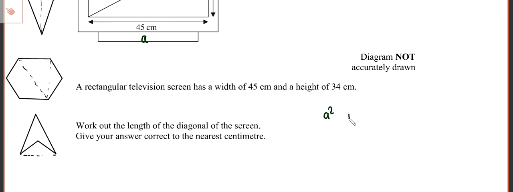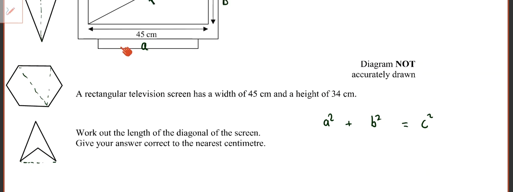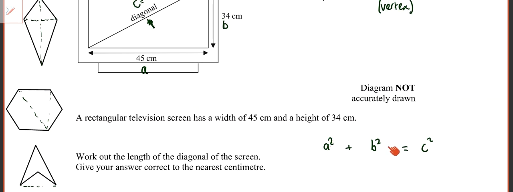A squared plus, I'm actually going to take a little risk here, and I'm not going to draw the squares. I'm going to consider that you know what the squares are, because I've written A squared. So that's 45 squared plus 34 squared equals C squared.